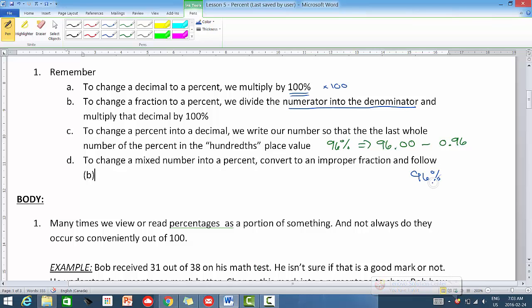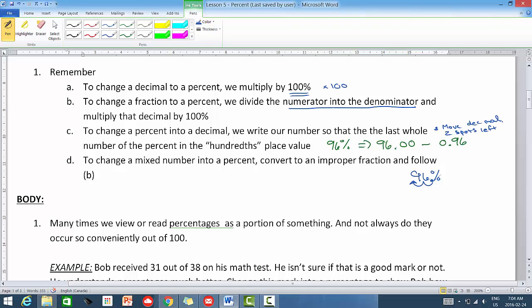We pretend that there is a decimal right next to the last whole number, and we move it 2 spots to the left. So that's changing a percentage into a decimal. What this really should say here is move the decimal 2 spots left.